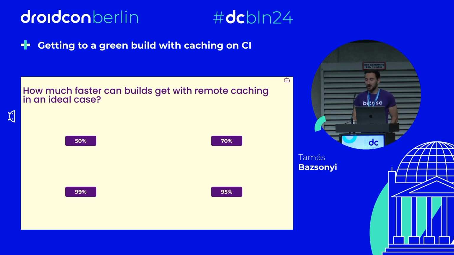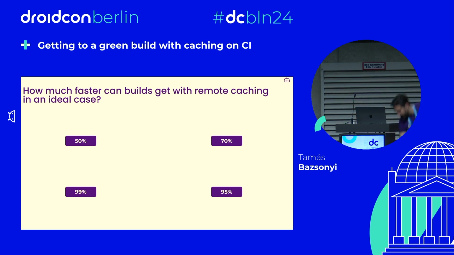So who thinks that builds can be 50% faster? Who thinks they can be 70% faster? Who thinks 99% faster? And who thinks 95% faster? 95 is the correct answer, and I think you were the first there.